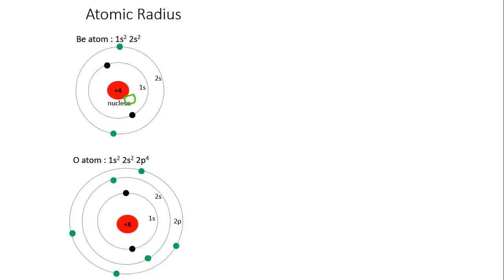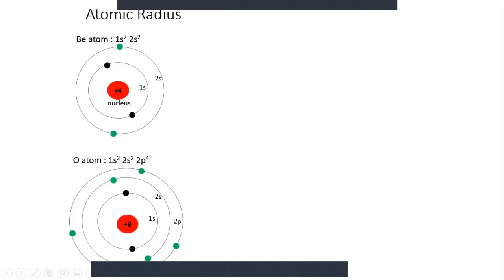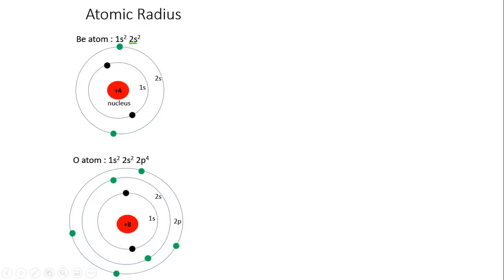Now if we go from left to right, we look at beryllium, which is next to lithium. The difference between beryllium and lithium is that now we have an extra outer electron. So now not just one outer electron, we have two outer electrons. The number of inner electrons remains the same, and the nucleus's charge increases.